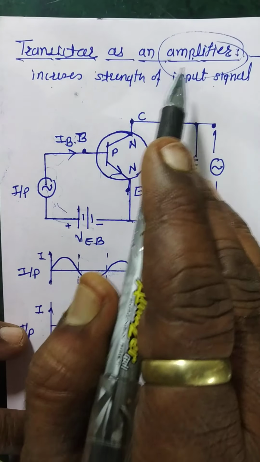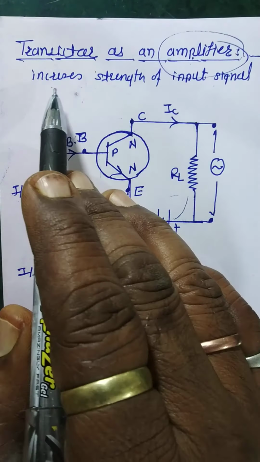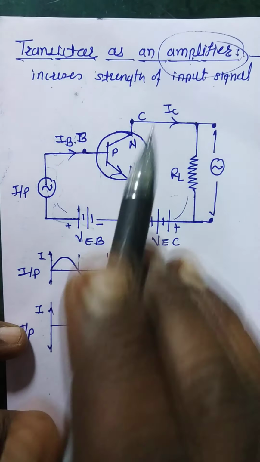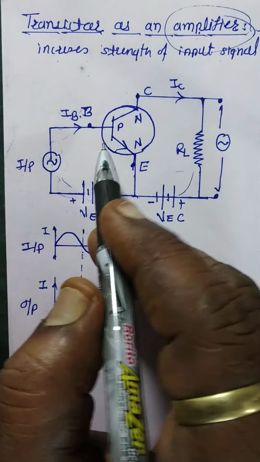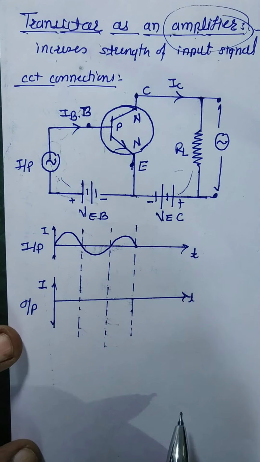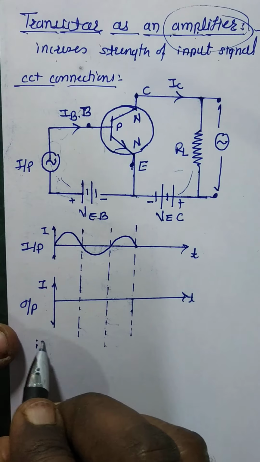Circuit diagram. Amplifier, a device which increases strength of input signal is called as amplifier. Circuit connections. See, first circuit connection.